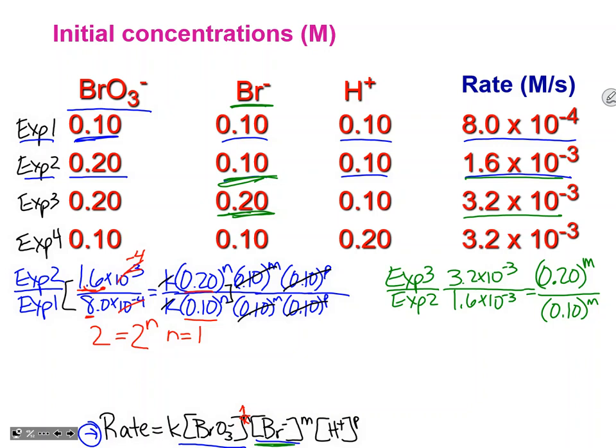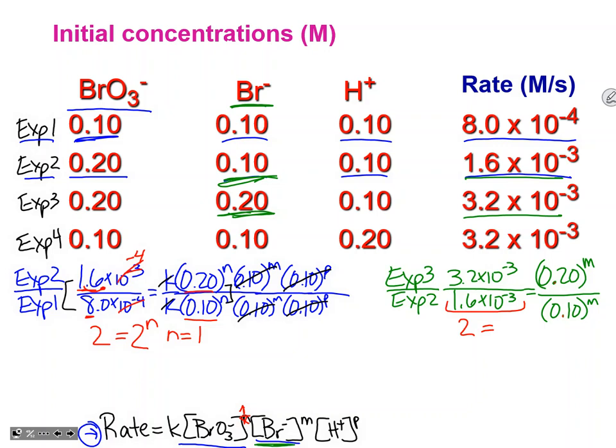If you move both the same number of decimal places over, it ends up dividing the same. So what do we get here for this side, the rate side? The 10 to the minus 3's cancel, 3.2 divided by 1.6 should give you a 2.